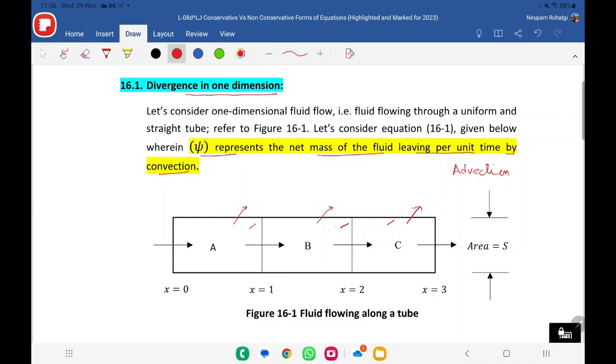Now you can all take all these cells together, right, and you can find what is the mass coming out.